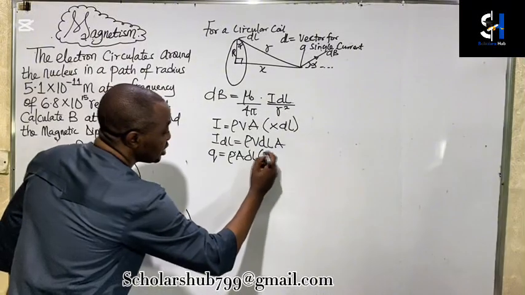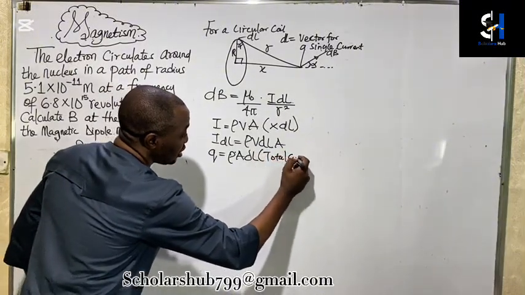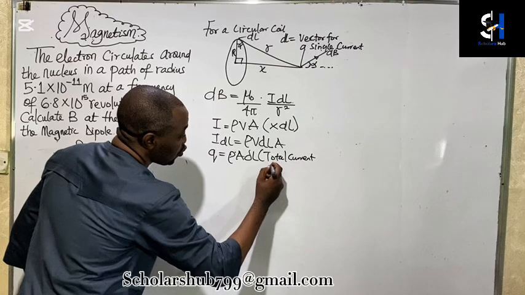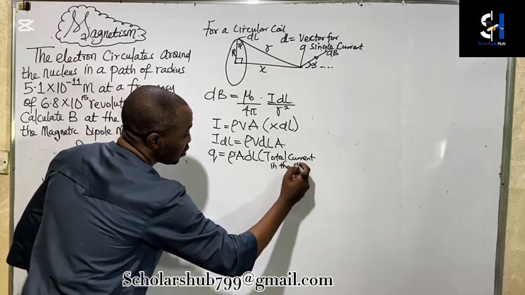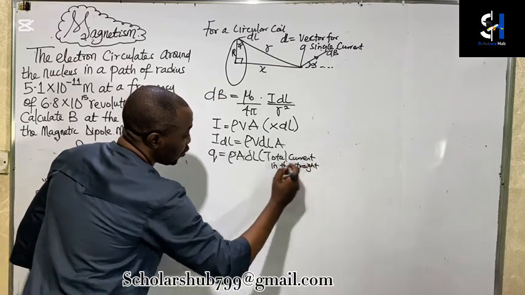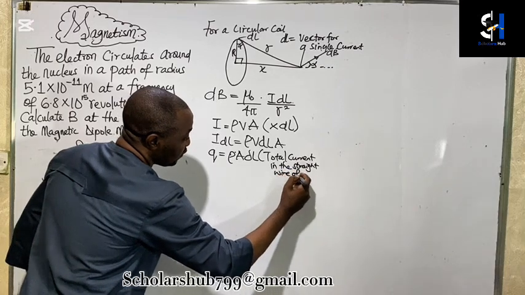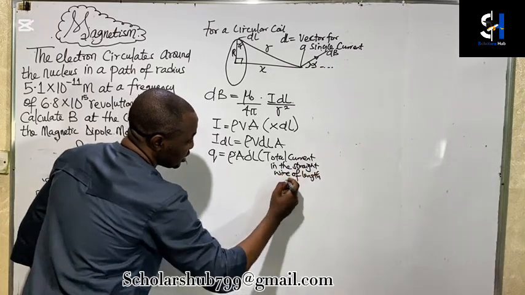So this represents the total current in the straight wire of length dl.